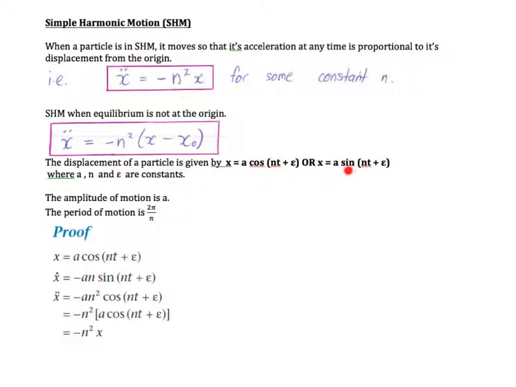You could do the same proof for x equals a sin(nt plus epsilon).